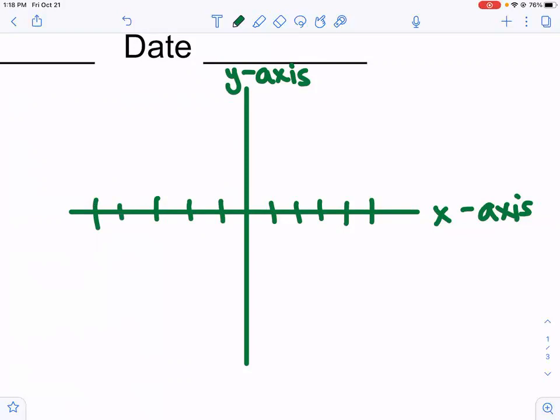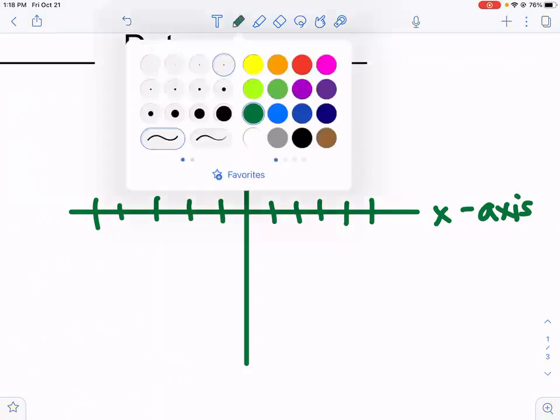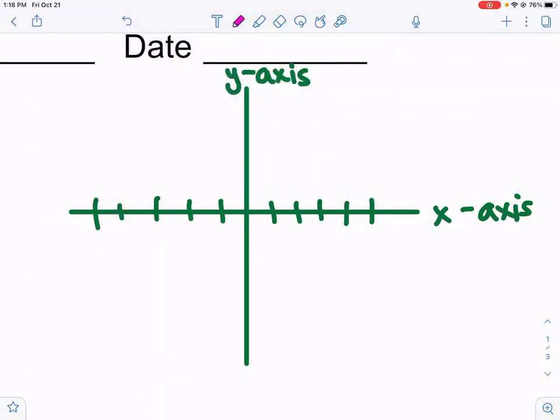You get to choose, just plot and label 3 points on the x-axis, like on the x-axis, this is a coordinate on the x-axis. Just 3 points on the x-axis. Label them though.